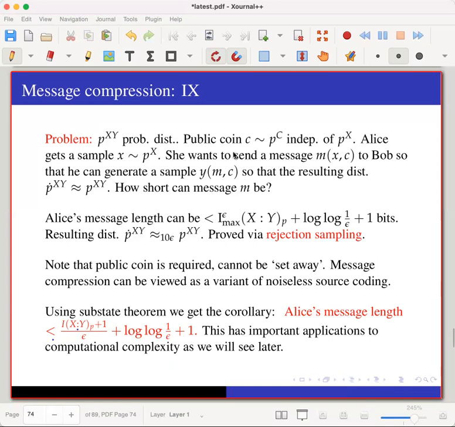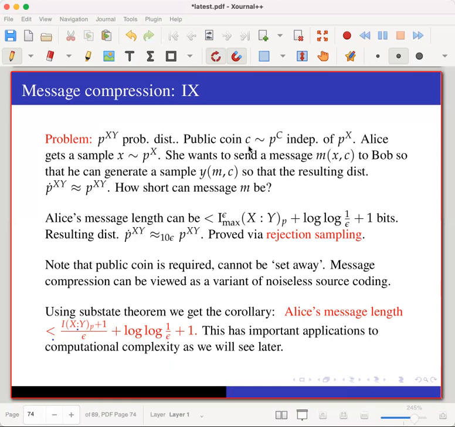And the point is, I cannot instantiate it finally to some C naught and say the resulting distribution P dot for that C naught will be anywhere close to P. It may happen that for all instantiations, the resulting distributions are far from P, but averaged over the public coin C, they turn out to be close.